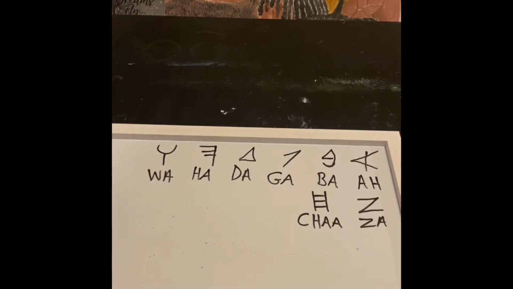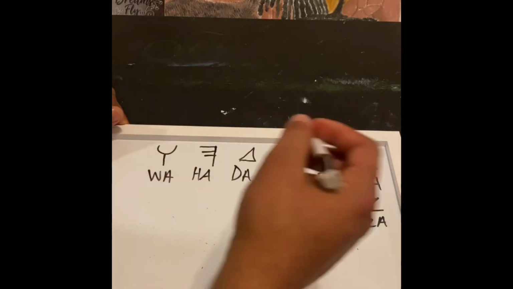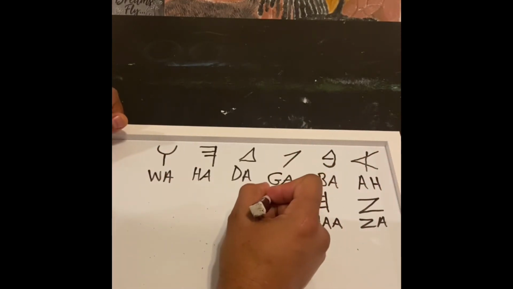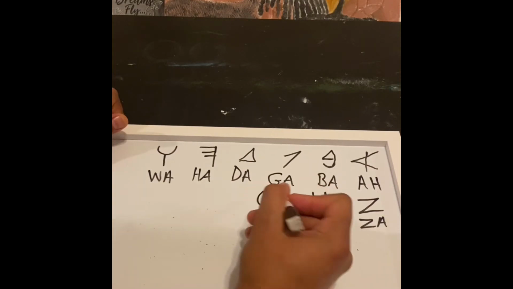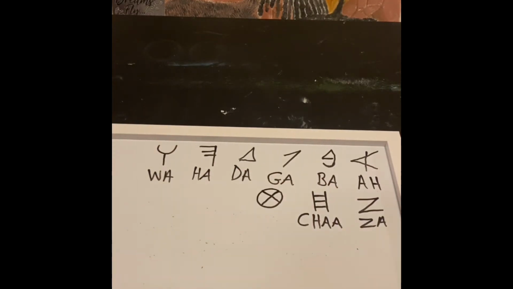But the next character is Ta. And I know there are different ways to write the characters, but that's one way. Let me get another, because I know there are different ways.